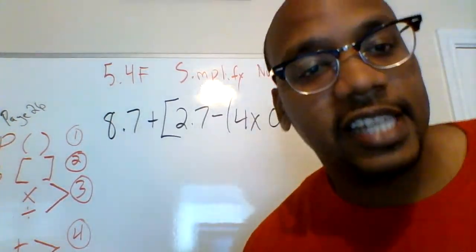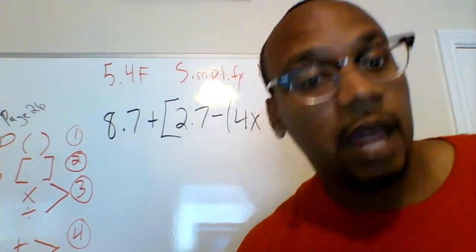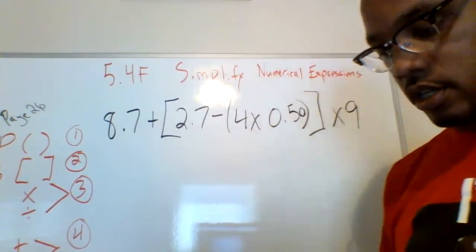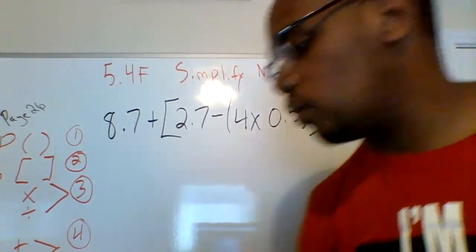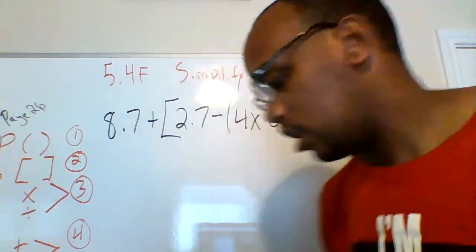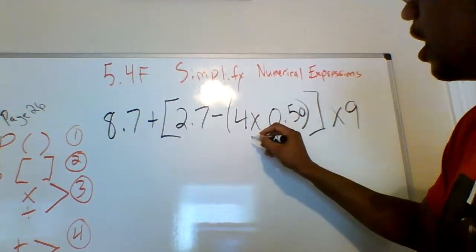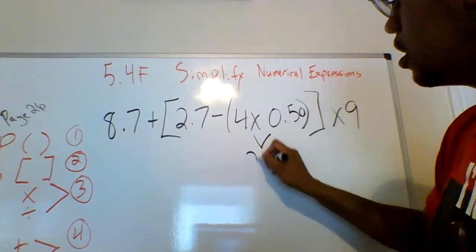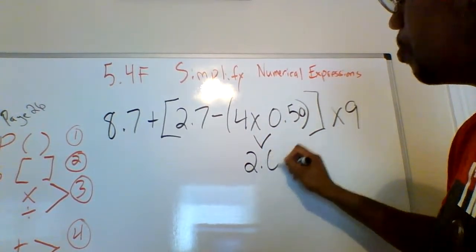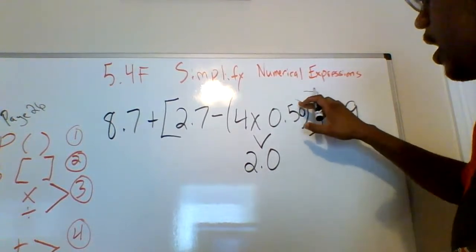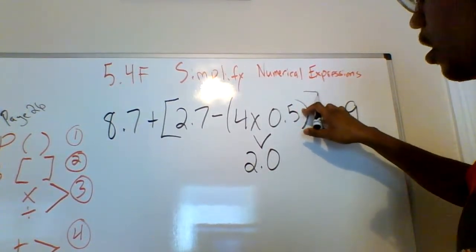Well, if I got 50 cents 4 times, then that means I have $2. So 4 times 50 cents is $2, or 2.0.